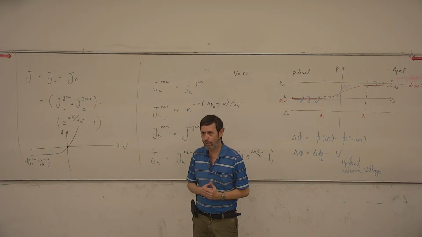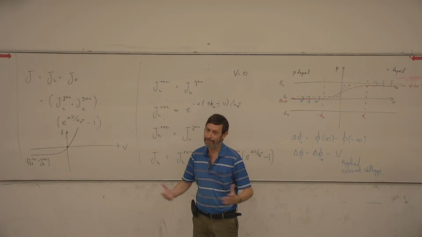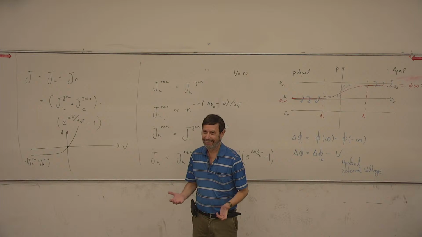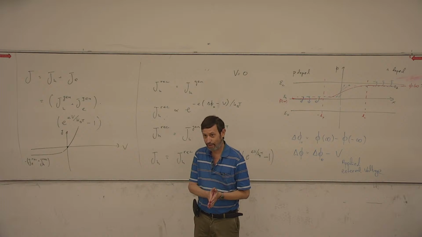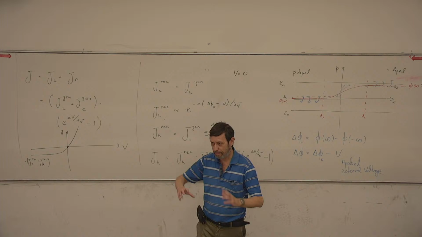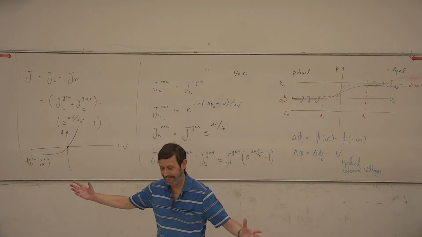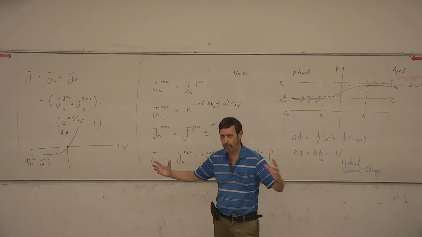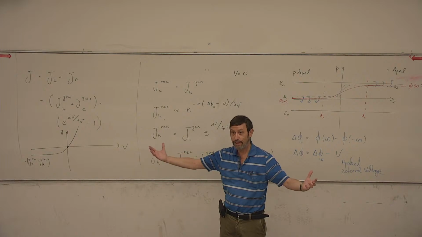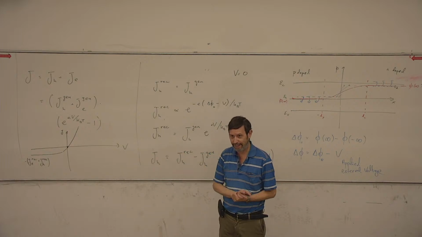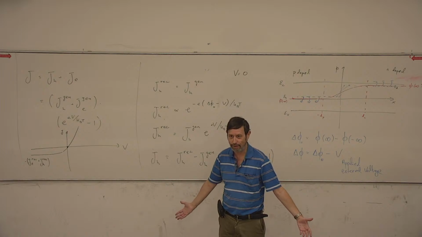And the guy who knew how to connect all physics, Einstein, of course, came out with the fluctuation dissipation theory, connecting two apparently different fields of physics: fluctuations, which are thermal fluctuations, and dissipation, which is electric current, which at first sight are not connected at all.